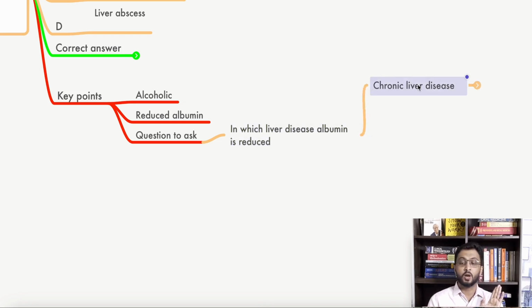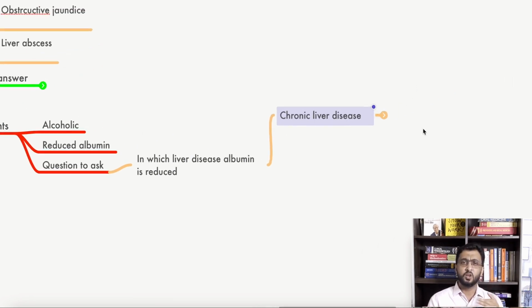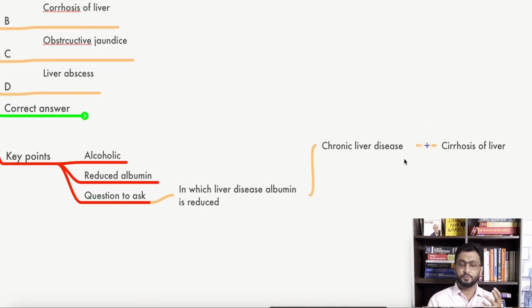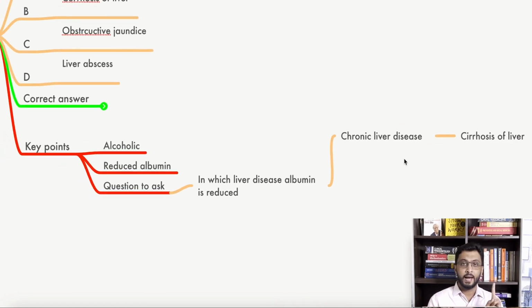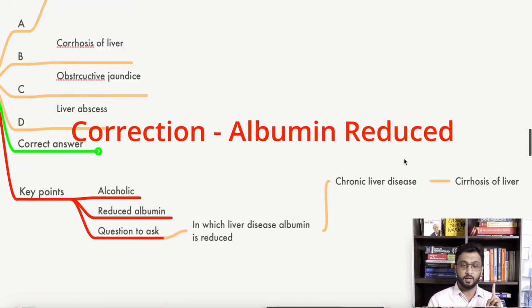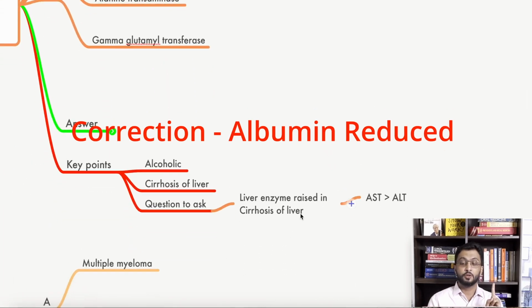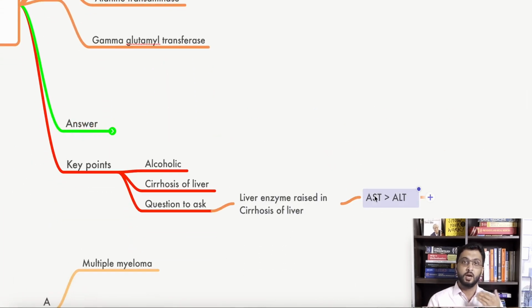Only in chronic liver disease, not in acute. Only in very long-term disease, for example cirrhosis. So in cirrhosis of liver, you have your albumin reduced. In chronic diseases like cirrhosis of liver, you have AST raised more than ALT.